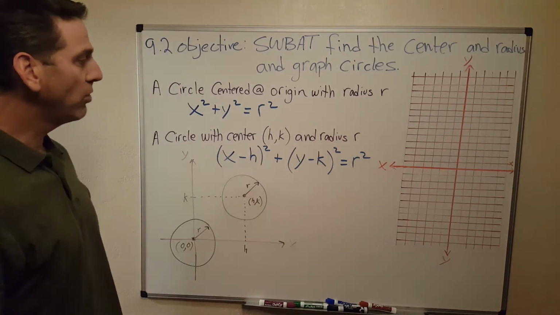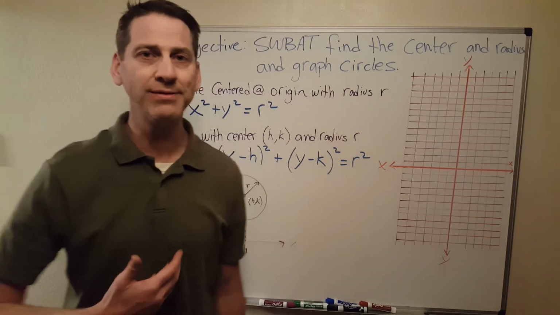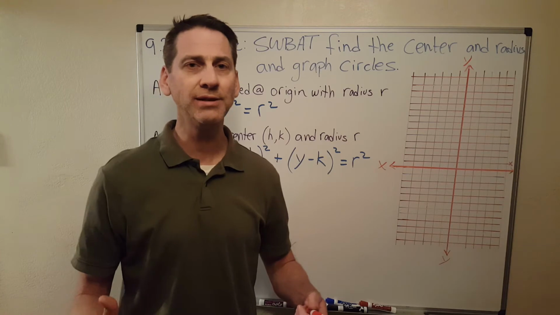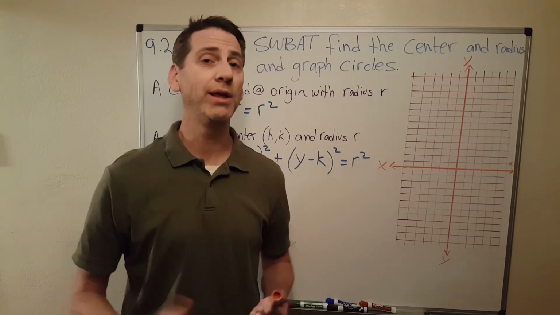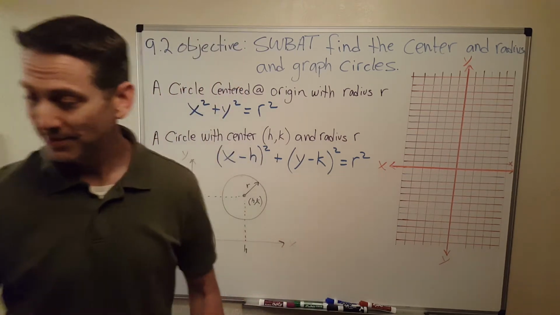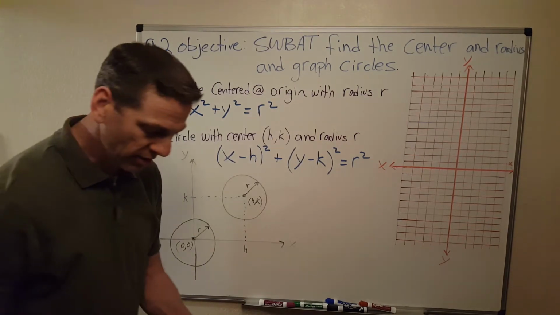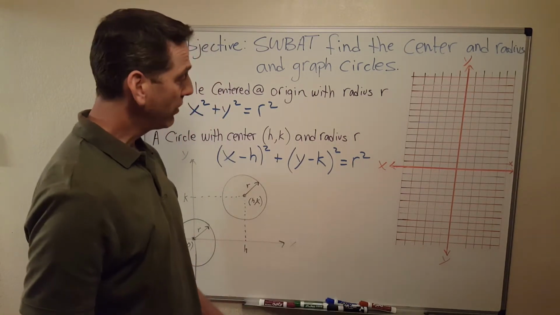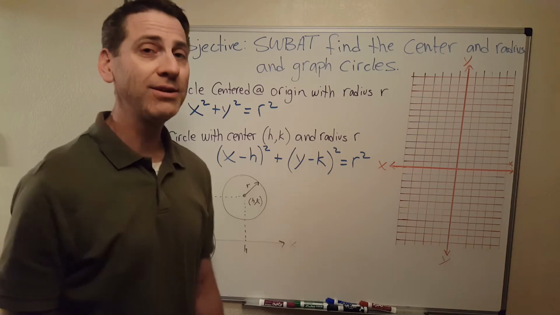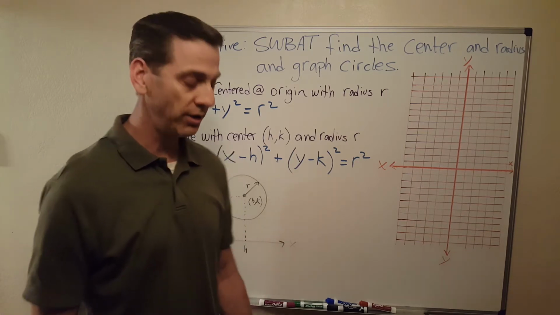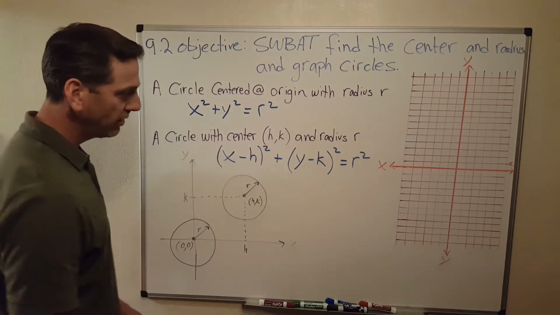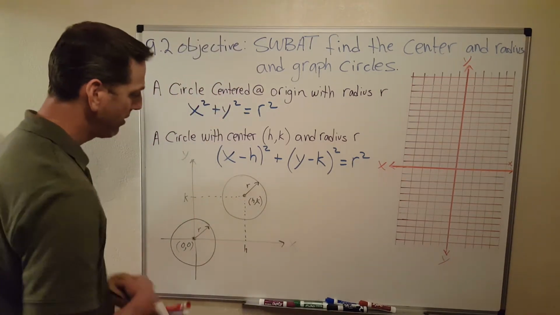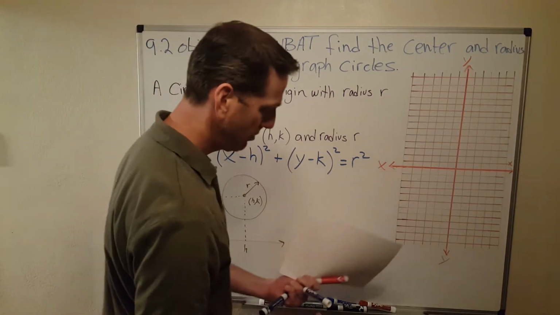So why don't we do an example so you can see how quite easy this is. We're going to start with a circle that's centered around the origin.